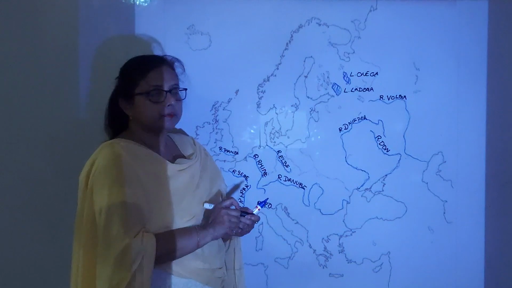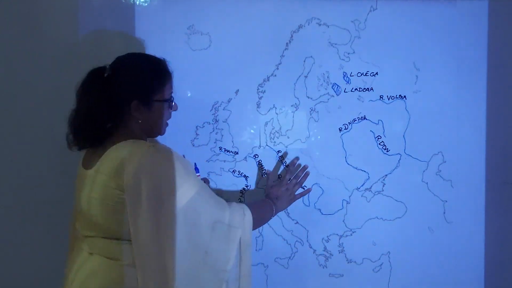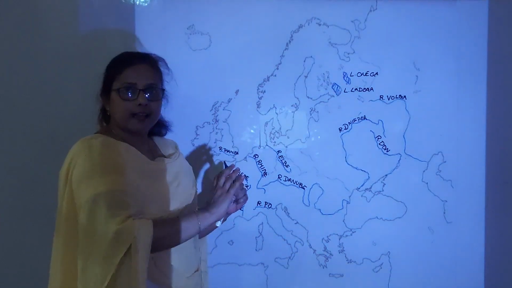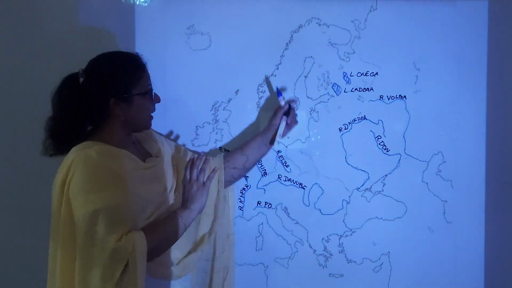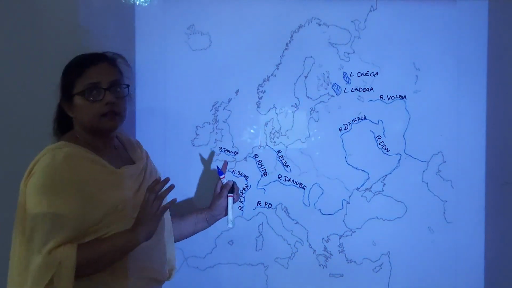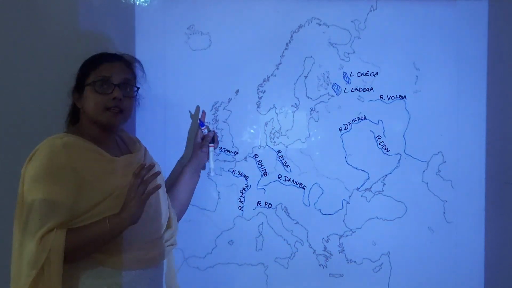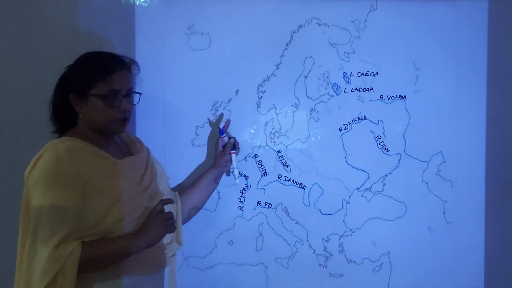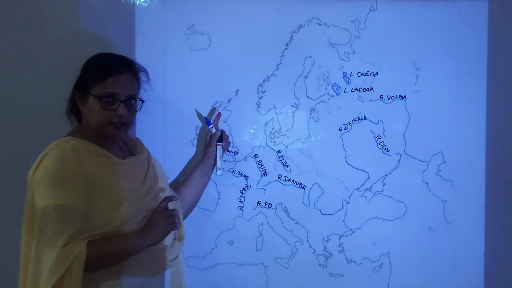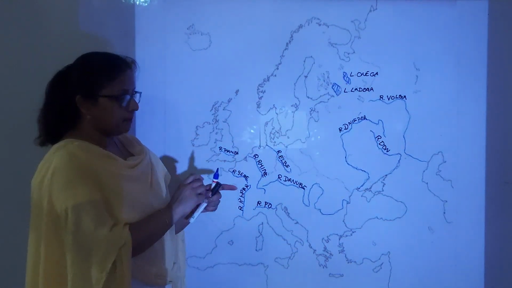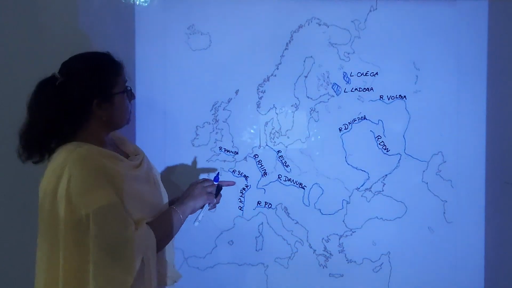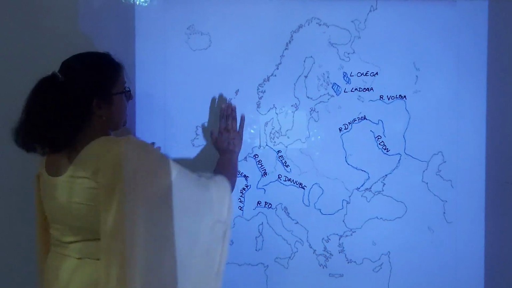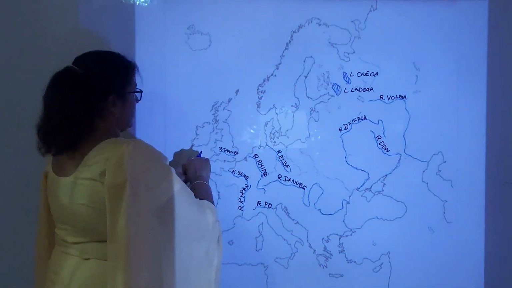Now apart from these rivers and two lakes which are inside the continent, there are several important seas and oceans around Europe. So let us begin with that. I'll first take up the most important oceans. They are Arctic in the north.